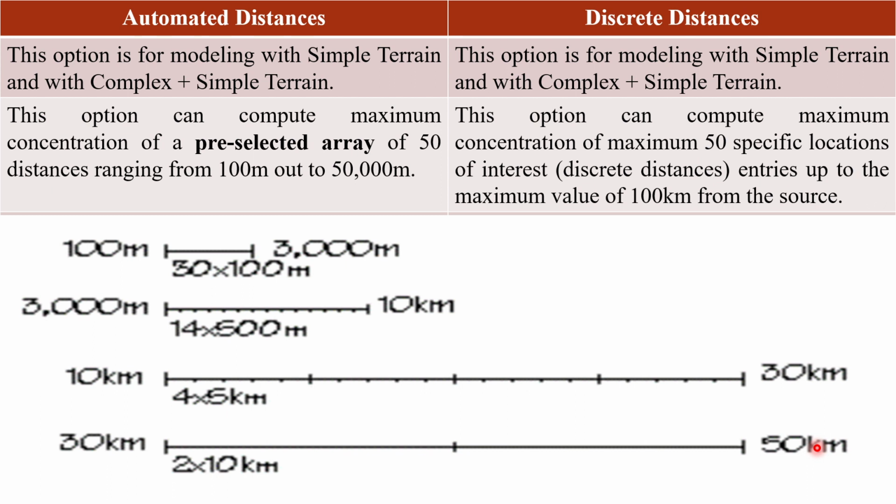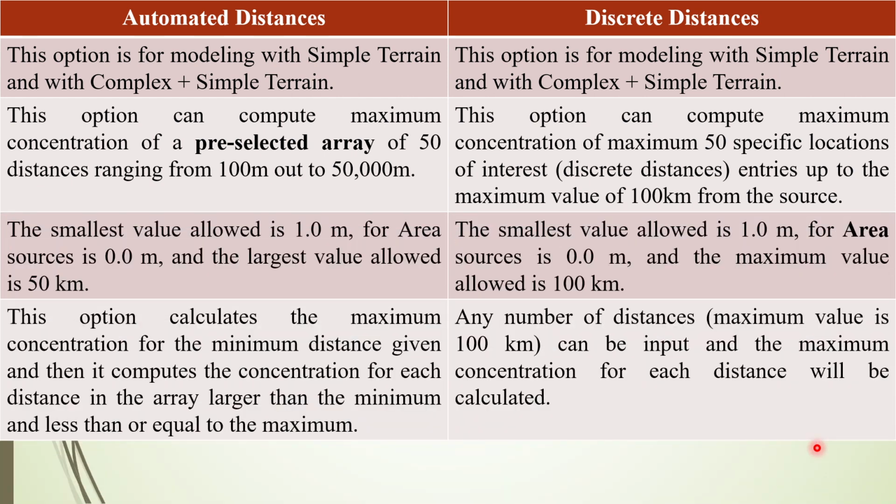But the discrete distance option can compute maximum concentration of maximum 50 specific location of interest entries up to the maximum value of 100 kilometer. The smallest value allowed for automated distance is 1 meter.